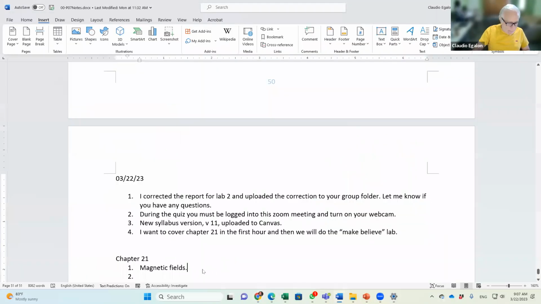For magnetic fields, we know there is a magnetic field, which is an invisible entity, but we can measure it, and there is also a magnetic force among magnetic bars.